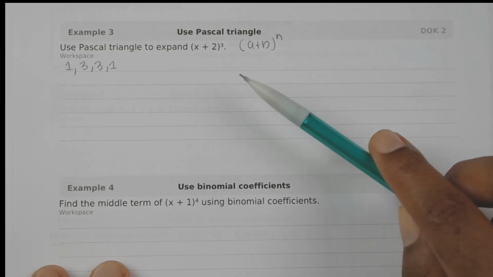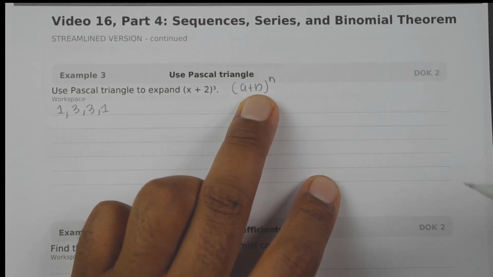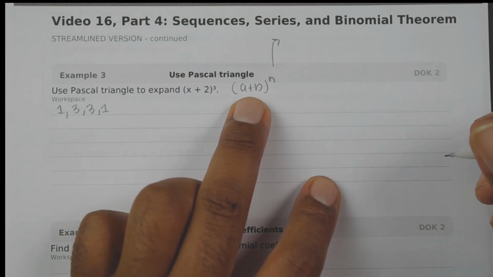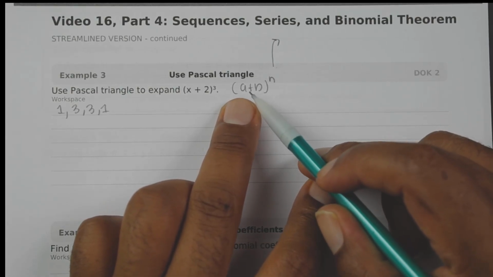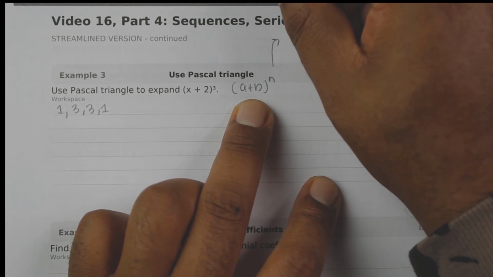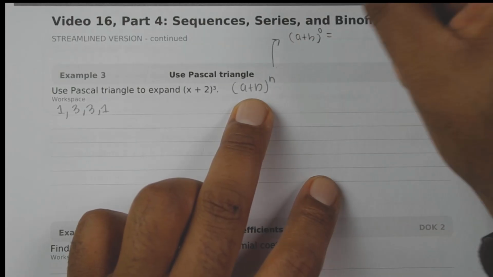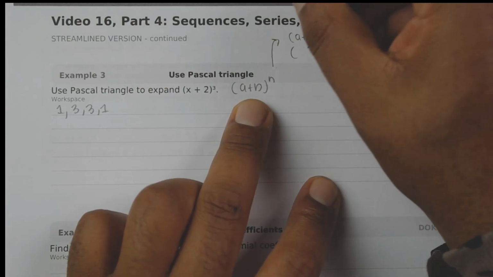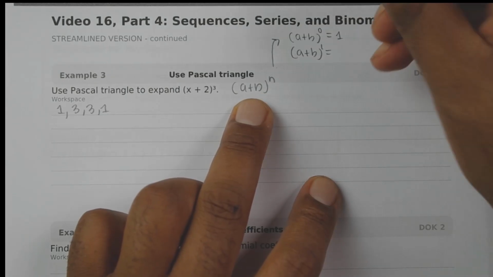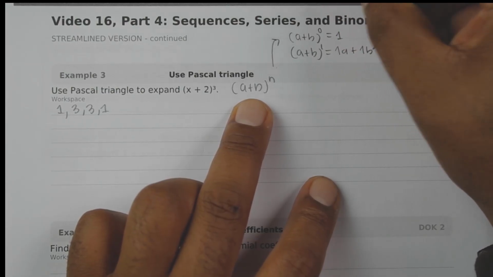Okay, so if you've never seen Pascal's triangle with respect to this, then I'll show you how it works over here. So this expression is basically a plus b raised to a power. Let's just say we have a plus b raised to the power of 0. Well, that's just going to be 1. And then a plus b raised to the power of 1 is 1a plus 1b.